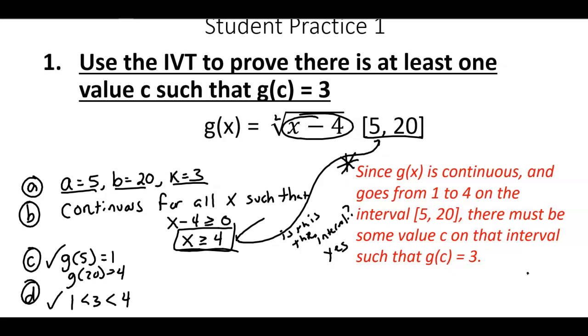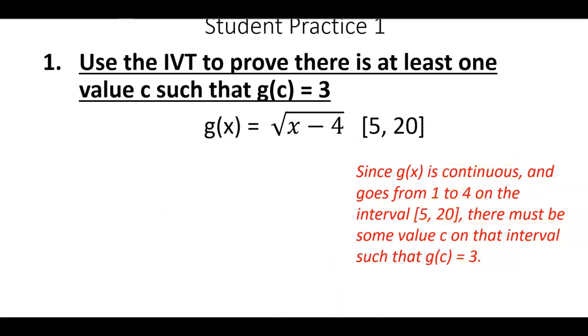I might have even put a question like that in your homework where you just try to describe to somebody what the IVT is. But in your final answer, you need to state a couple of things. You need to state that it's continuous, that the function goes from 1 to 4 on the interval, and then you have to actually say, yes, there either is or there isn't some kind of k value. So these 5 things need to be present in your answer in some way, shape, or form, and they have to connect in a way that carries the same sense.